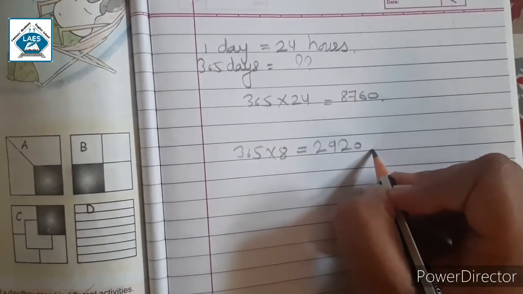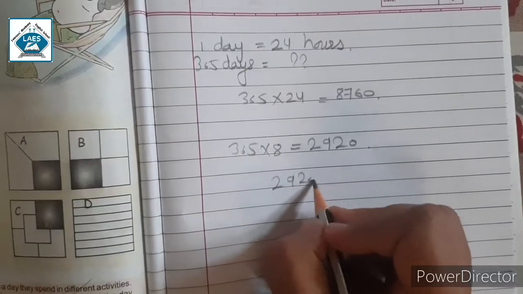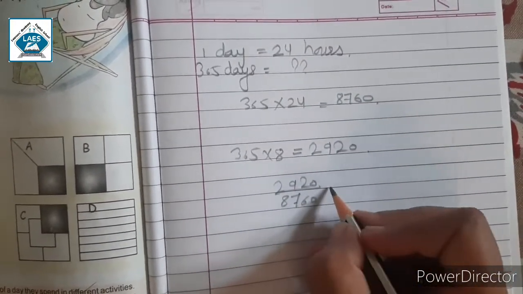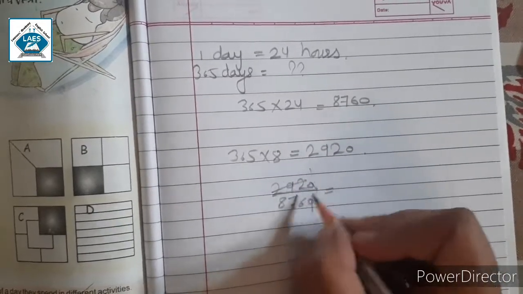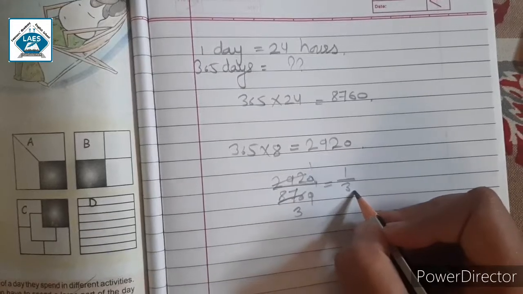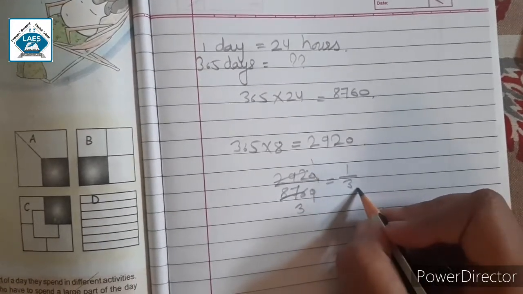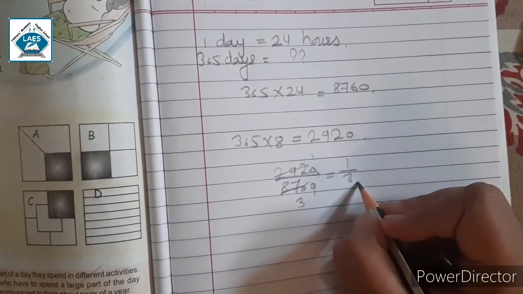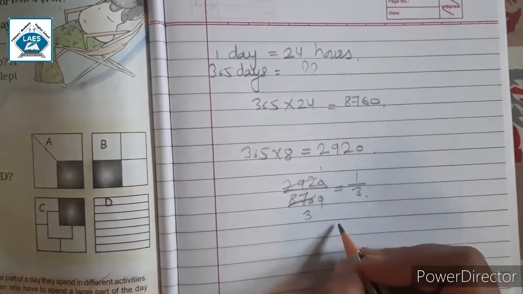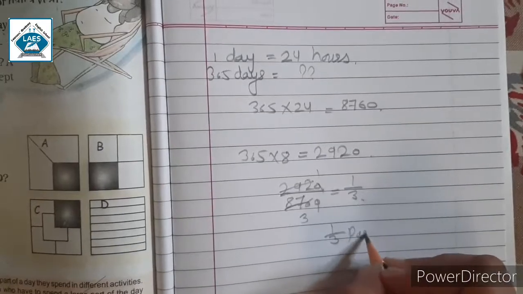Now we have to divide this. 2920 divided by 8760. Cut the 0, and this is 1 upon 3. So it is just 1/3. So we found that in a year people sleep its 1/3 part.